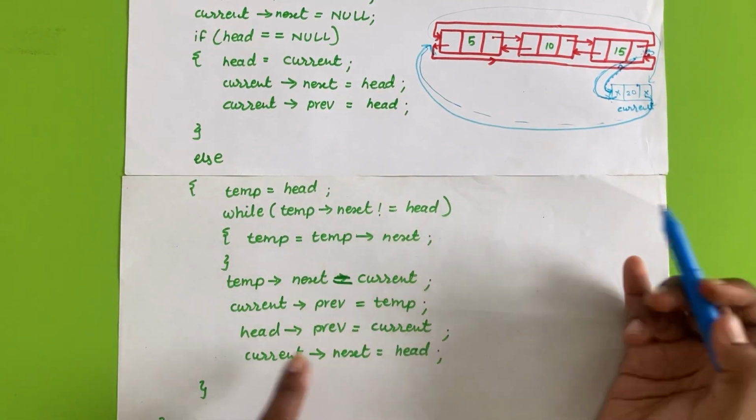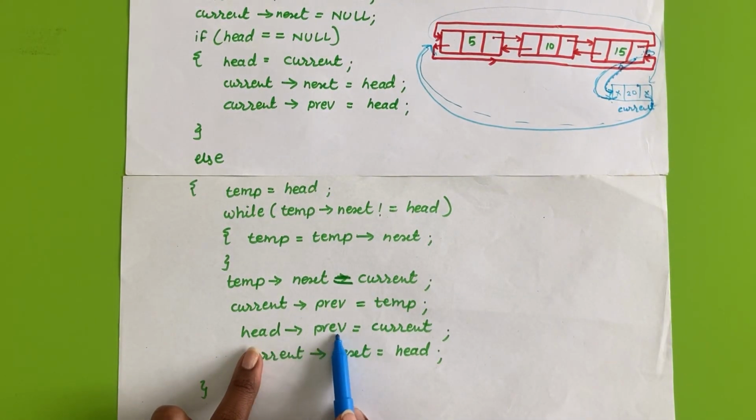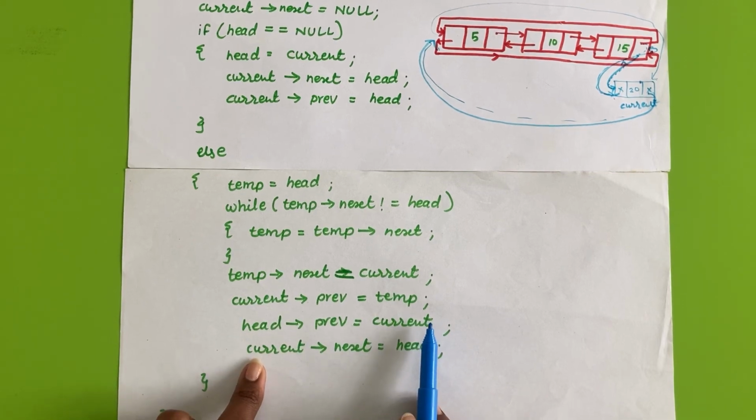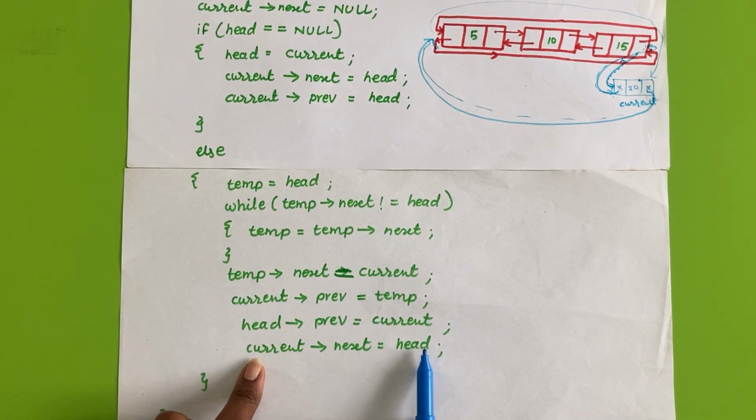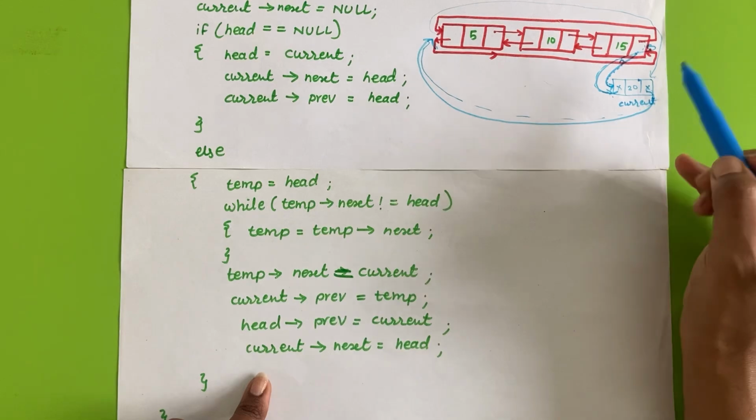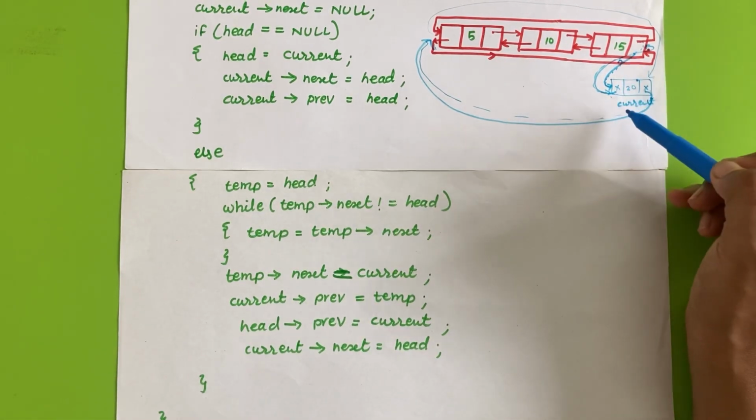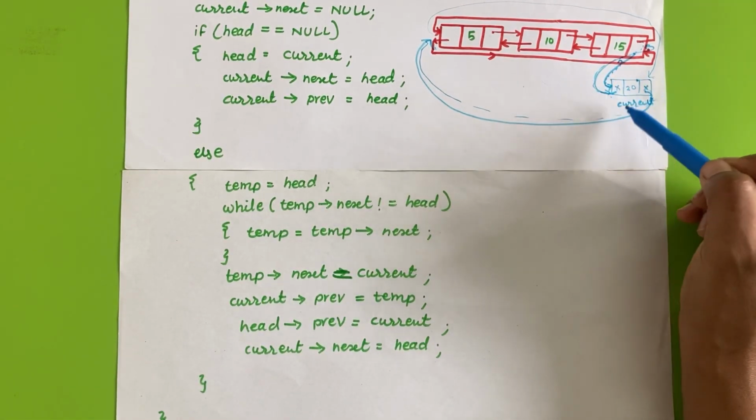So head's previous field points to current node, and current's next field will point to head node. So we have made 4 changes in the addresses of these 3 nodes.